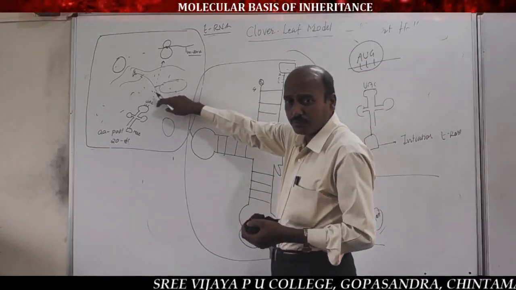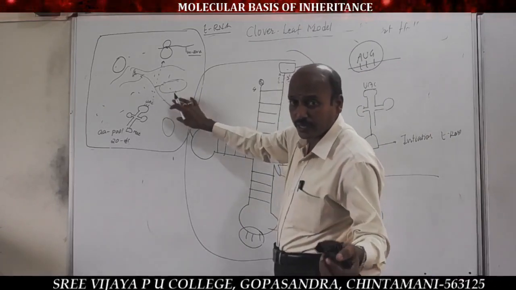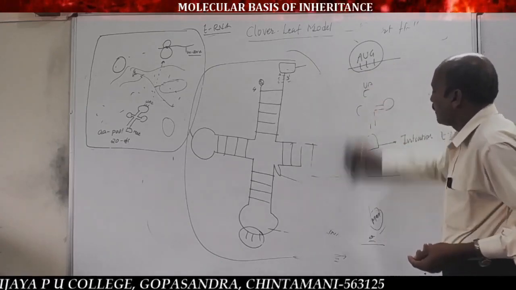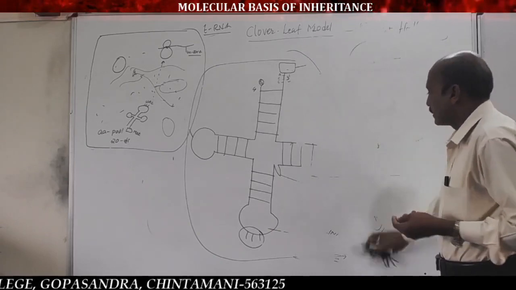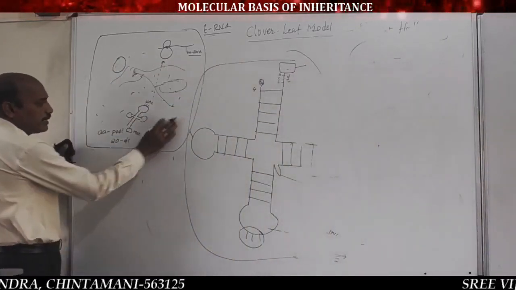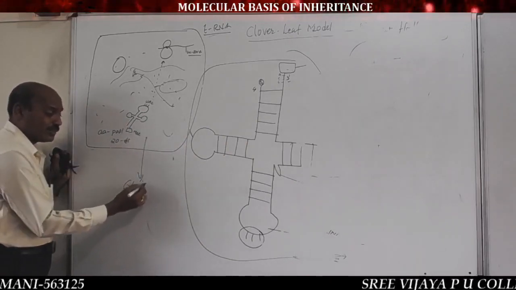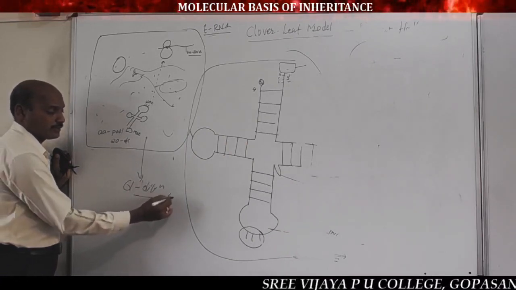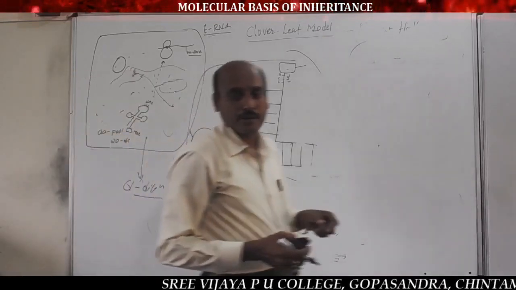Some extra information for tRNA: the cytoplasm of a cell, either a plant cell or an animal cell, any cell, contains at least 61 different types of tRNAs. Remember this point.